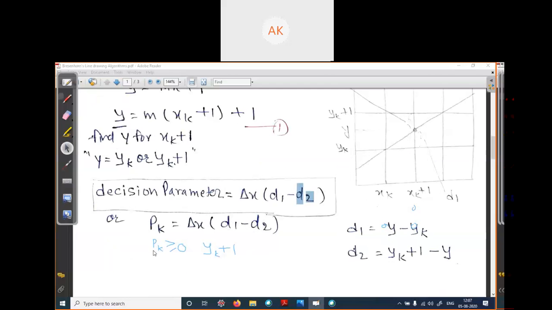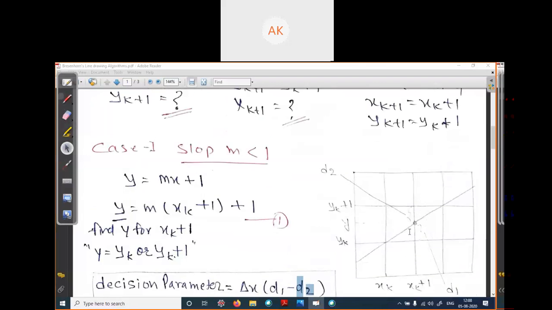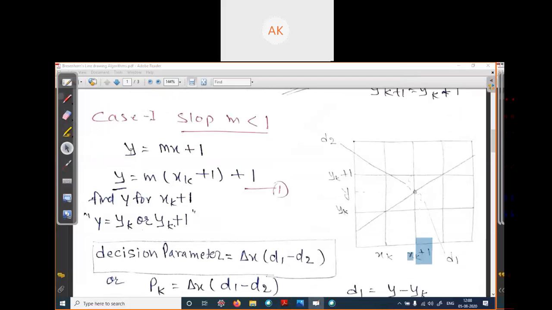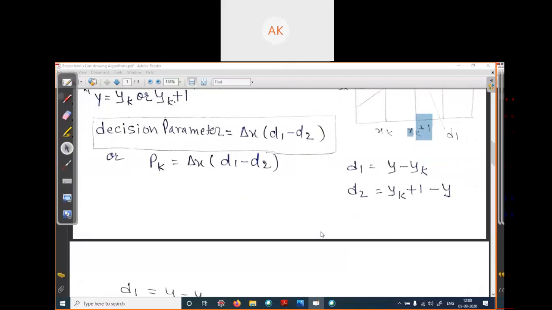If pk is less than 0, meaning a negative value, then you will select yk, meaning d1 is smaller. So based on your decision parameter, you are selecting point yk or yk plus 1 for the value of xk plus 1.